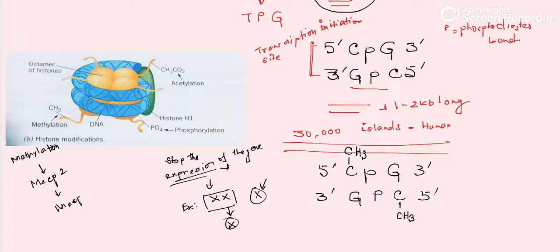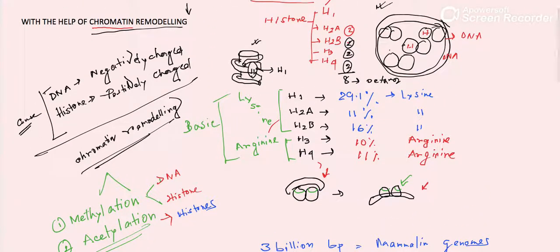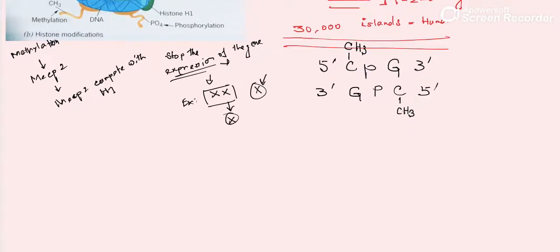Where MECP2 is present, it will compete with H1 histone protein. I have already told you that H1 histone protein is present on the outside, like a brooch or a clip, and it competes with H1 and will change the structure.